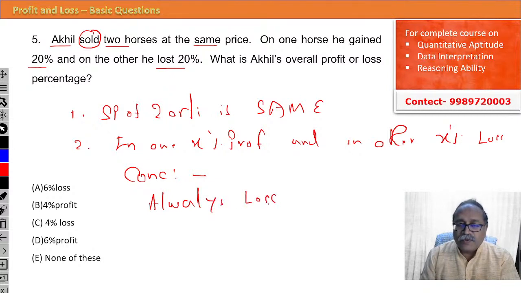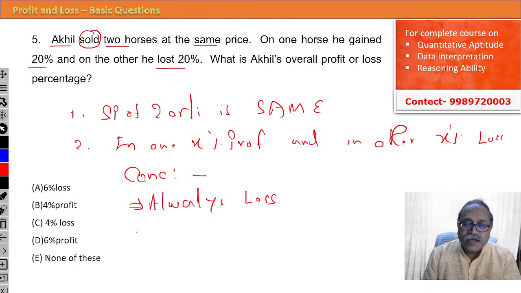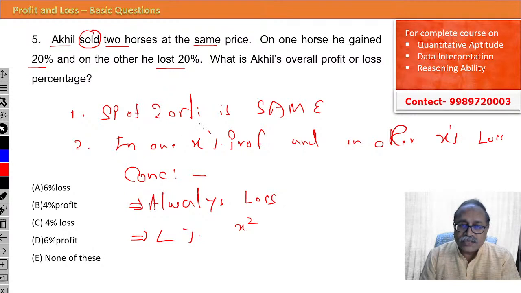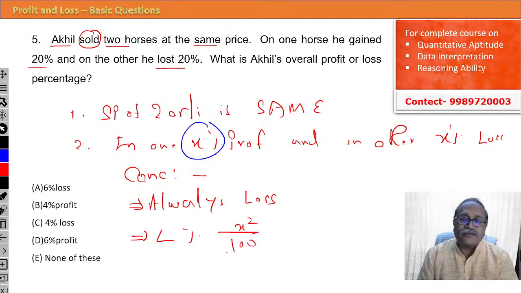I don't need to explain to you because you people are very smart. And the loss percentage is equal to x square by 100, the same x that is here, we are taking that x here. You already answered the question.